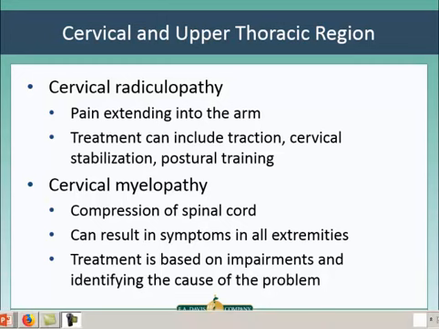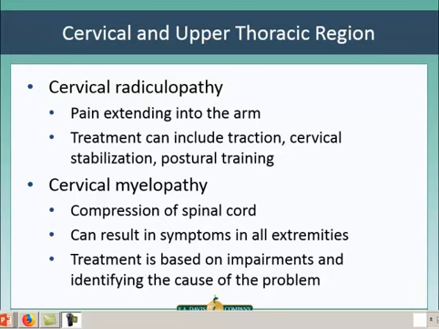Interventions for cervical radiculopathy include trying to do whatever it takes to relieve the symptoms. So it may be cervical traction if there is a nerve root impinged, maybe stabilization exercises to emphasize proper posture and strengthening of the deep cervical flexors. Postural training with emphasis on postures that relieve symptoms is needed.